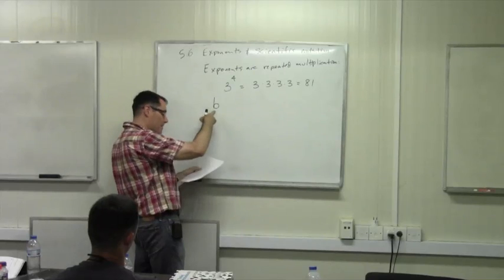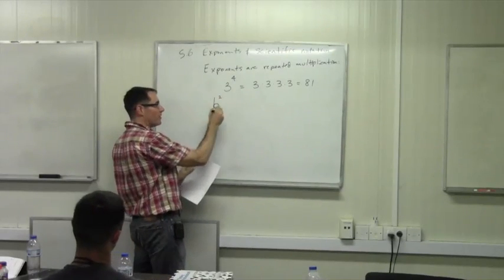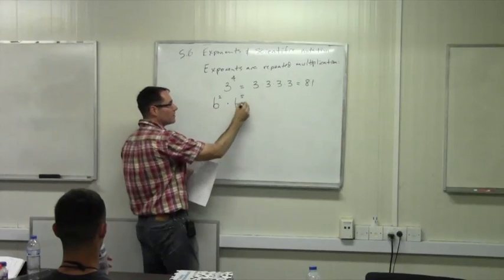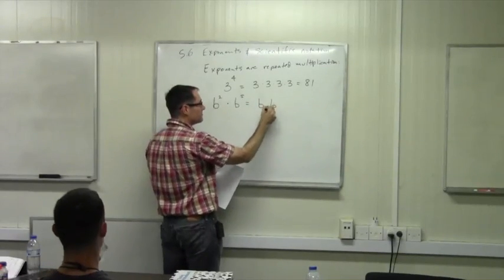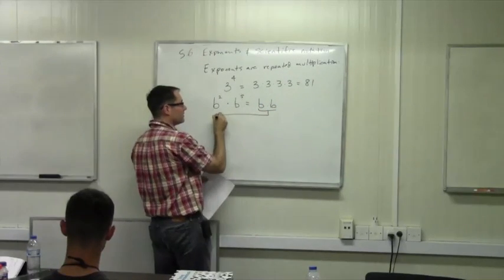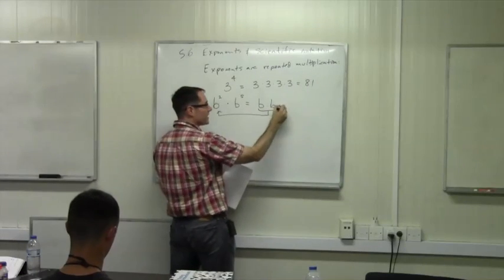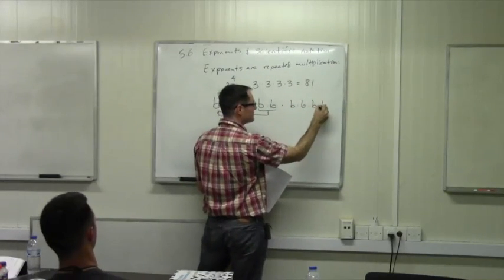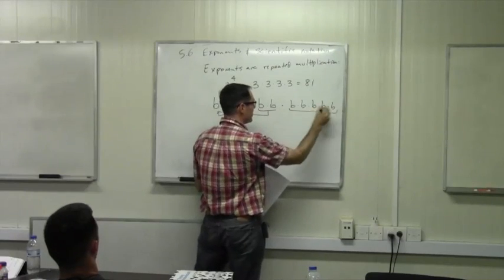Like if we had a number b raised to the 2 power times b raised to the 5 power, look what that means. B times b is this one, times b times b times b times b times b, which is the other one.